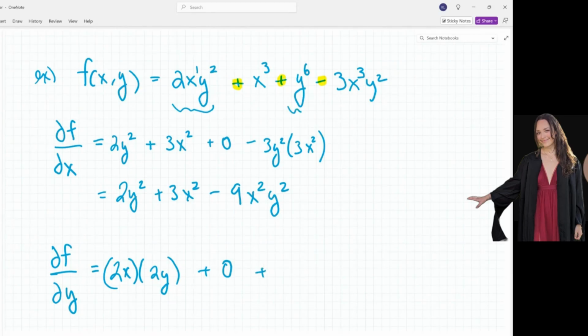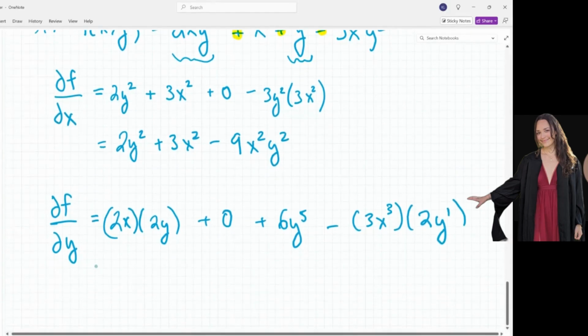For our third term over here, we're following the power rule. So we've got 6y to the power of 5. And then lastly over here, again, x is a constant, using the power rule for y. So we'll just leave our coefficients, and then using the power rule for y, we get 2y to the power of 1.